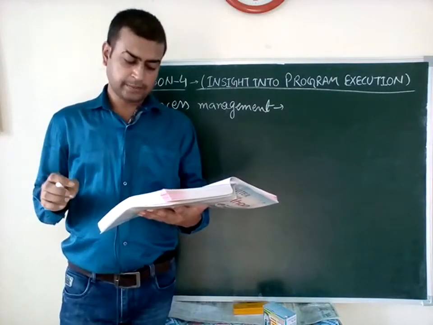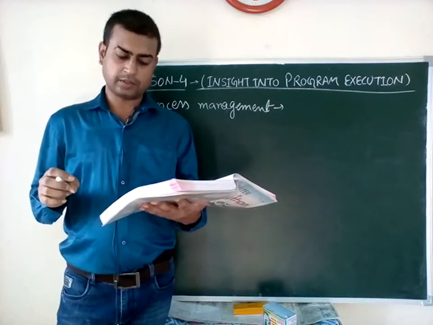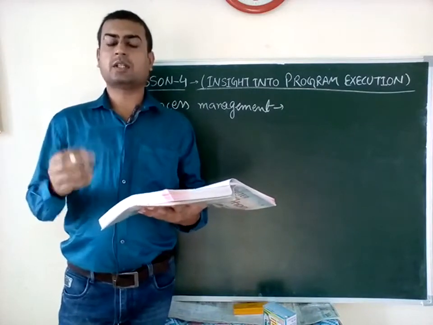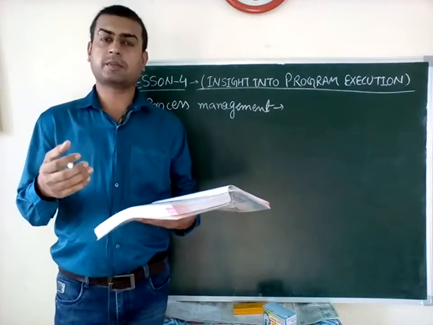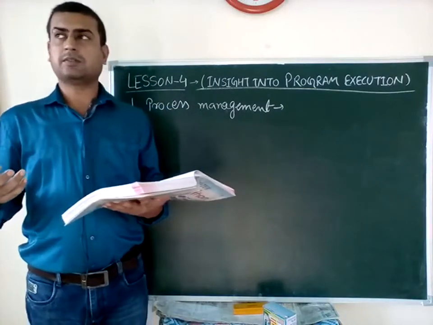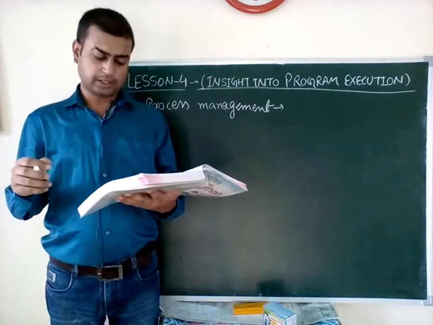Then the second point, the control unit brings the first instruction of the program, fetches the instruction. So according to the program, our CU, control unit, will fetch the instruction, what type of program it is, how it will be executed, what will be the output.